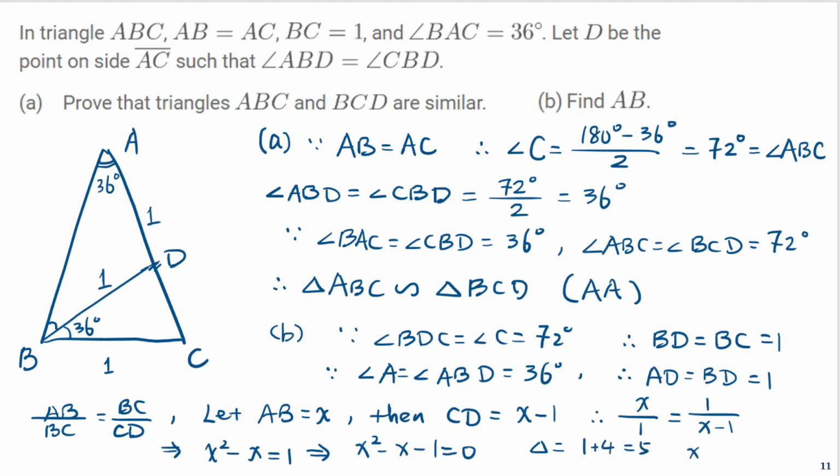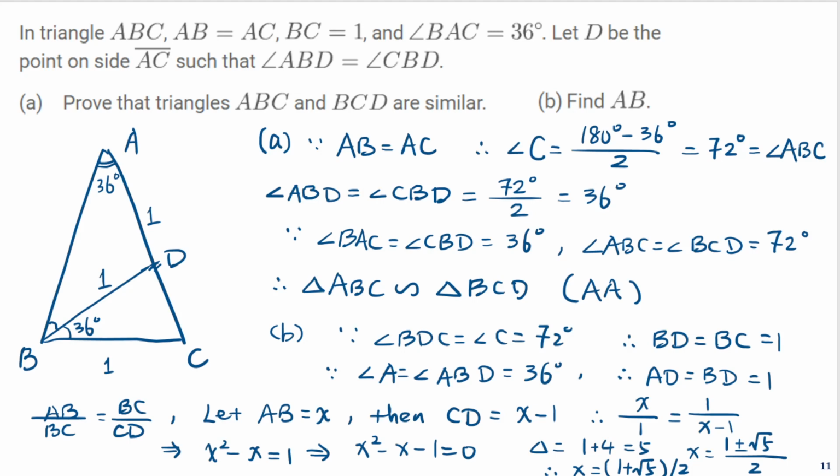And then we have x equals negative b plus or minus square root of 5, over 2a. Apparently 1 minus square root 5 is negative. x is a length, so we only choose the positive. So x equals positive 1 plus square root 5 over 2. Can you see that? Any questions here?